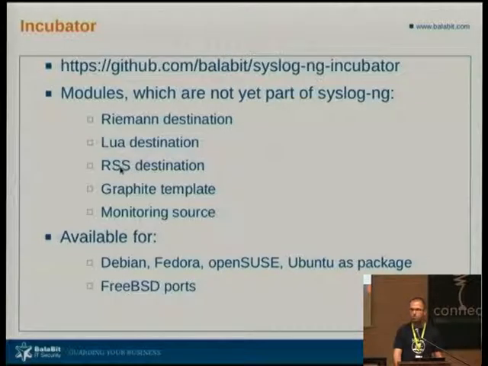For those people who love to use browsers for reading logs, an RSS destination is ready. There is also a graphite template, so one can see nice graphs about what's going on in the machines.